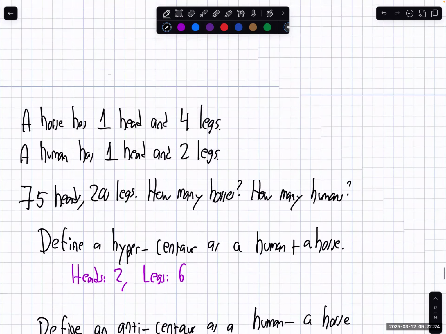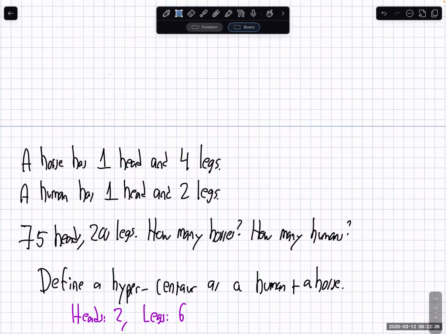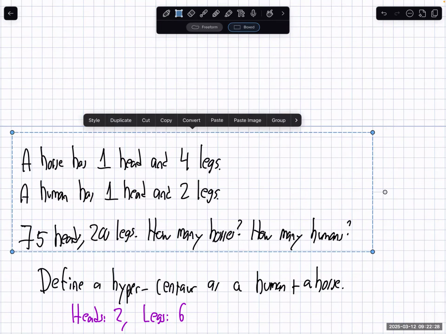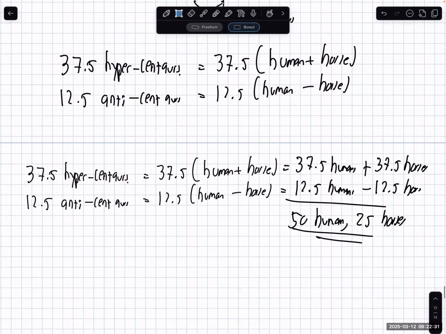So let's go back to our chapter 1 solution, or chapter 2.